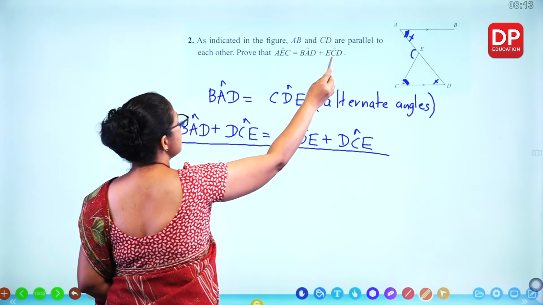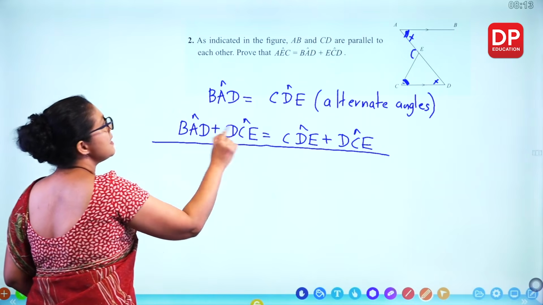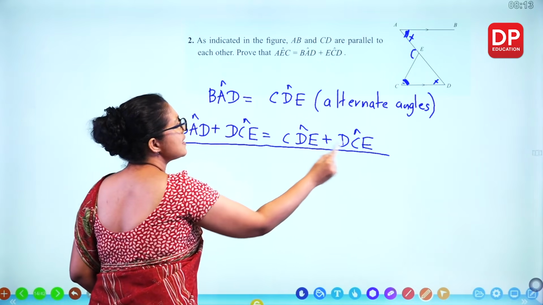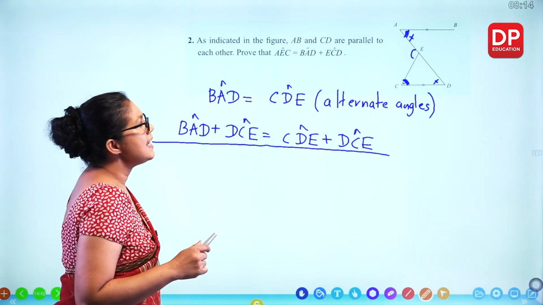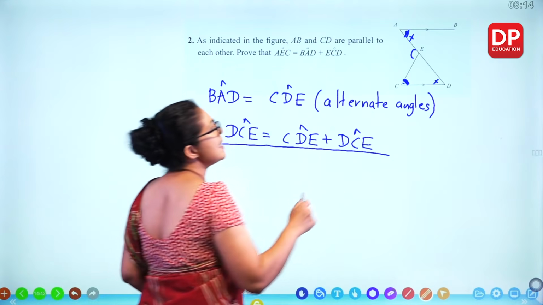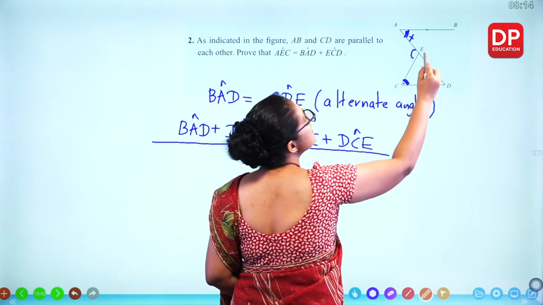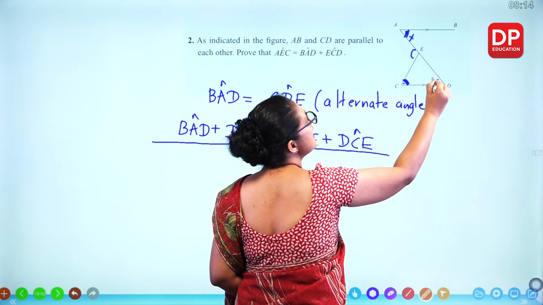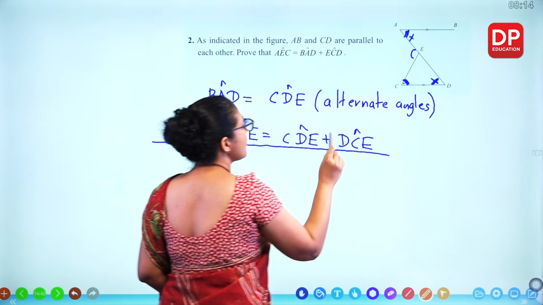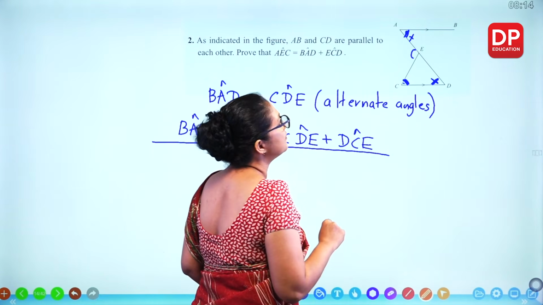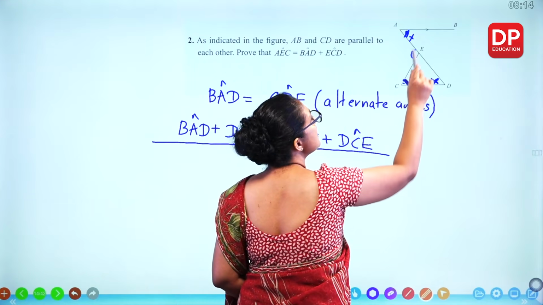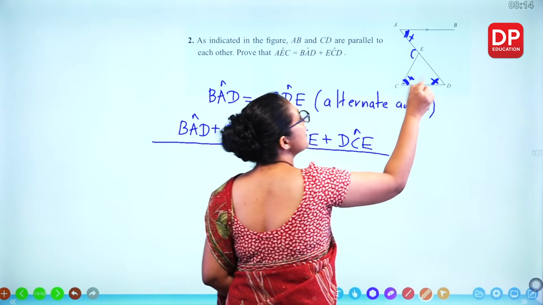I want this side. DCE plus BAD becomes CDE plus DCE. We'll try to find out this angle, CDE. CDE, this angle, plus DCE angle, this one.